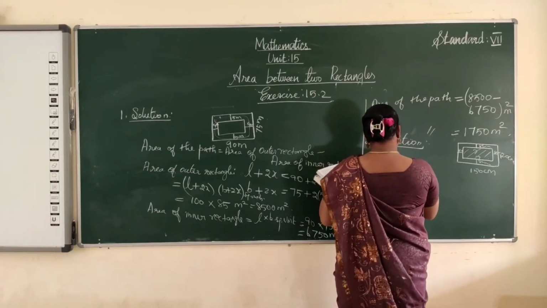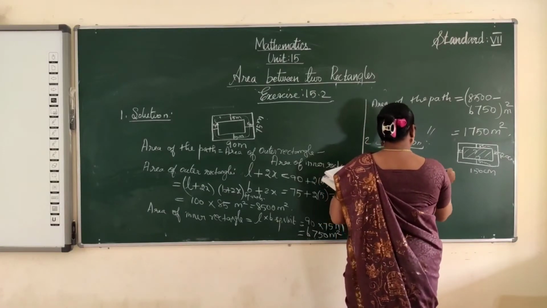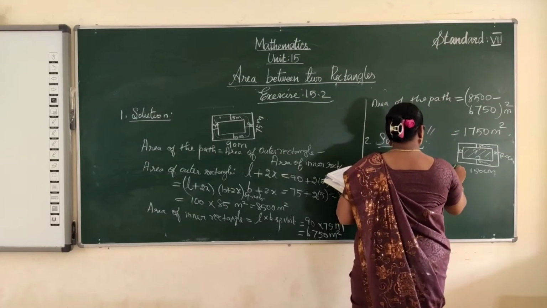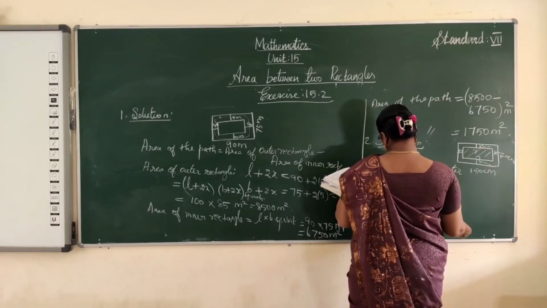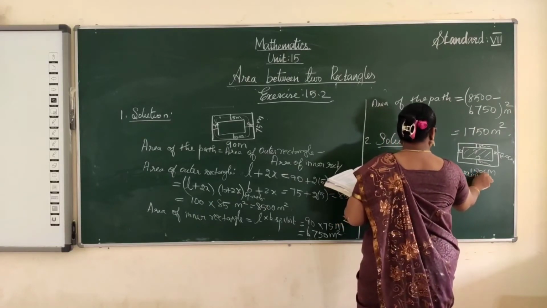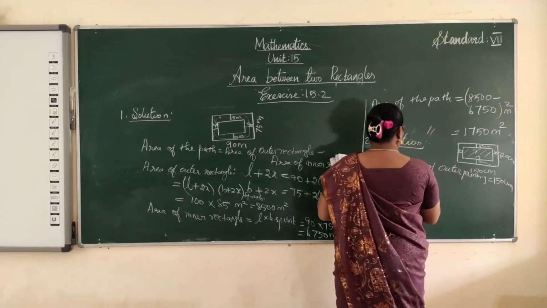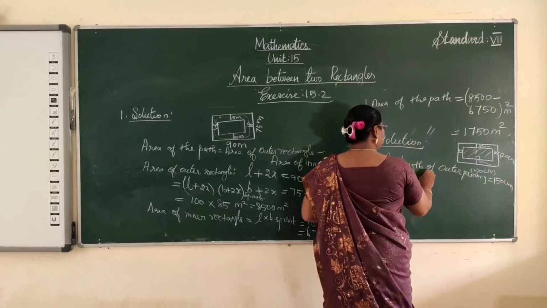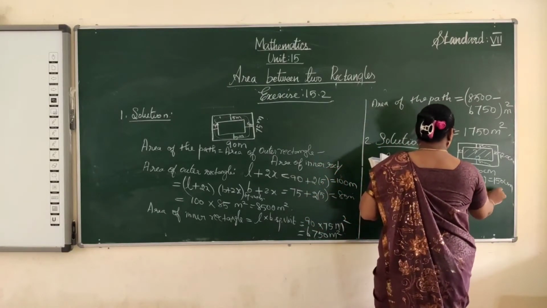Given: length of outer painting is equal to 150 centimeter. The next one, breadth of outer painting is 120 centimeter.